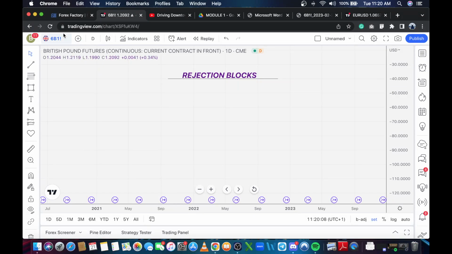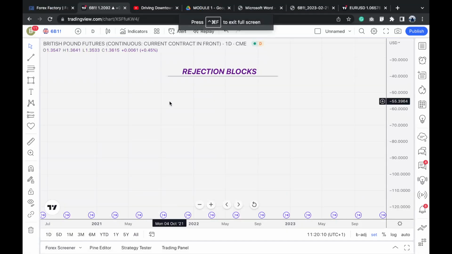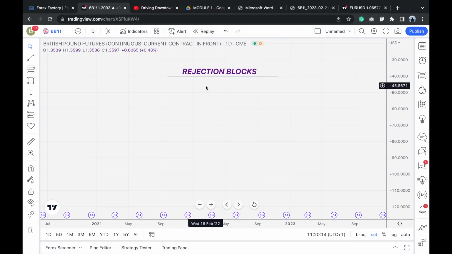Alright, so the first thing we need to do before we go into what rejection blocks are is we need to define what constitutes one. Now, whenever you look at a candlestick, I'll do a very crude drawing of what a candlestick looks like. So let's assume this is a bullish candlestick.